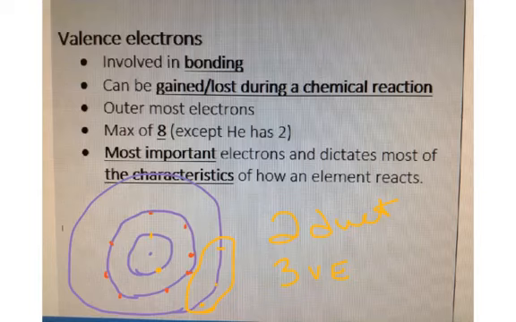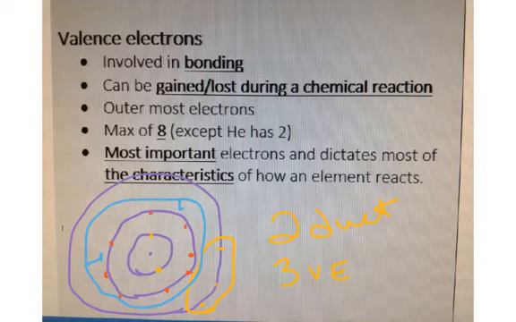Why? Because the ones on the outside are the ones that dictate everything. They're the ones that are gained or lost during a chemical reaction. They're the ones that are shared. They're the ones that are involved in absolutely everything. Because of their location on the outermost level, they are the ones that are easily lost, gained, touched, whatever. The ones on the inner energy levels, like these guys, are really hard to get to.